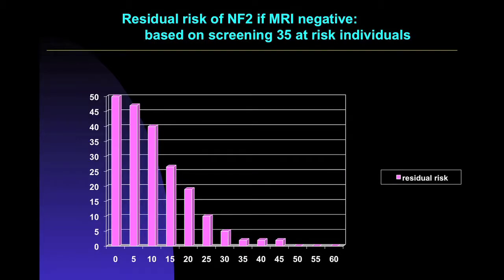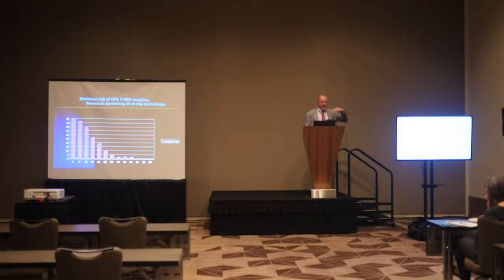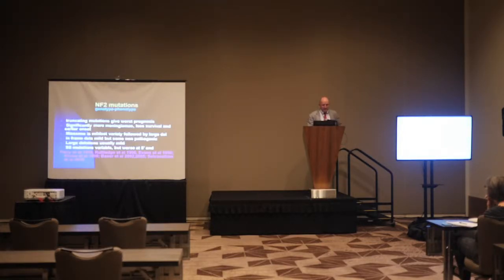You can reverse that and say, well, how much has the risk gone down if the MRI scan is normal in your child? This assumes you start off at 50-50, which isn't actually the case, because many parents are mosaic for the mutation. So the risk of passing it on, if you're the first in the family to be affected, is often considerably less than 50-50.